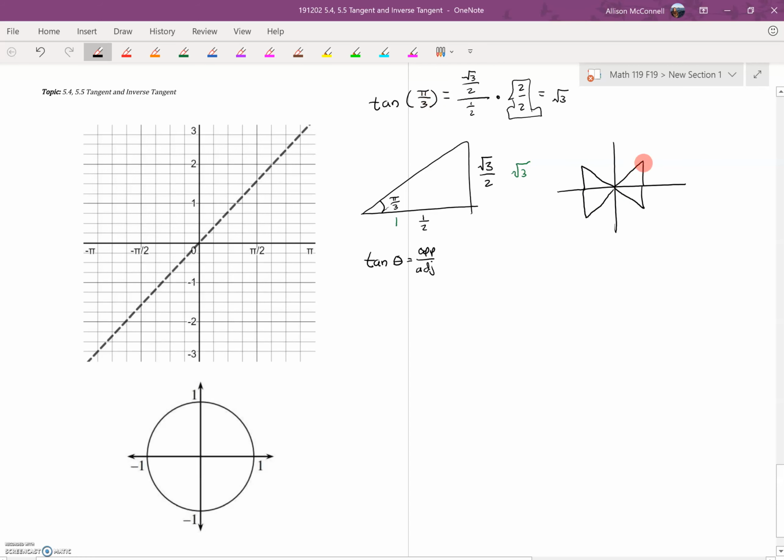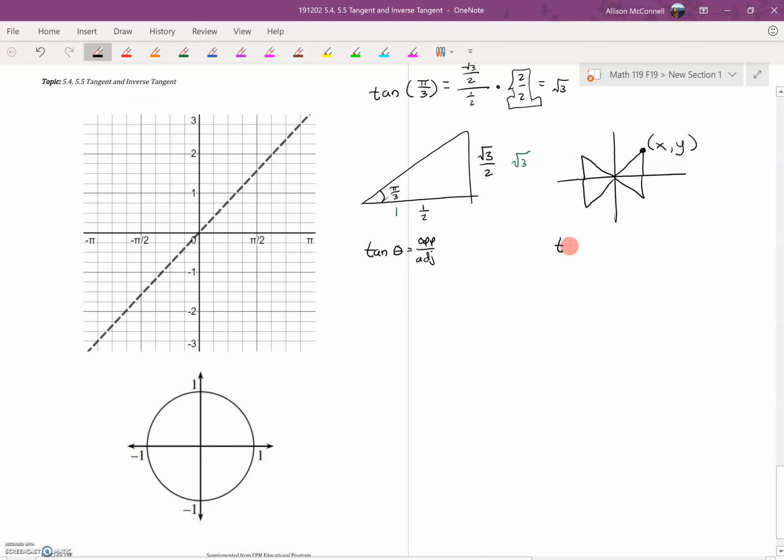And in fact, we can consider a tangent value because we have that opposite side over the adjacent side. We know that this could correspond to a vertical length over a horizontal length. Or if we're thinking about this in a coordinate plane, the vertical length is our y coordinate, whereas our horizontal length is an x coordinate.